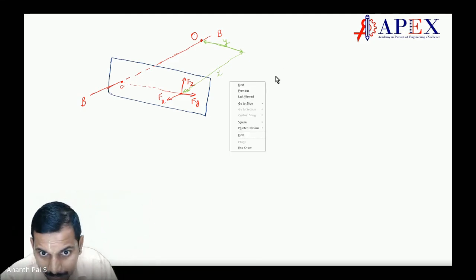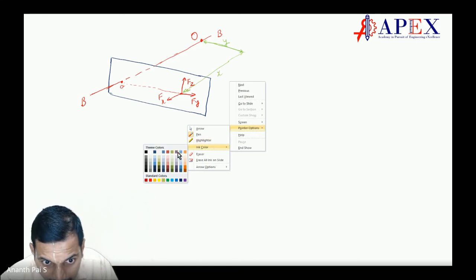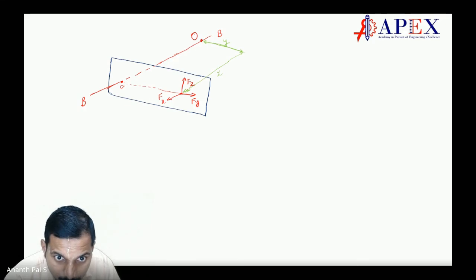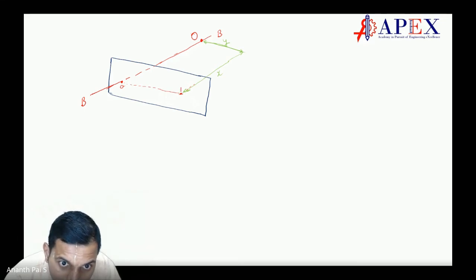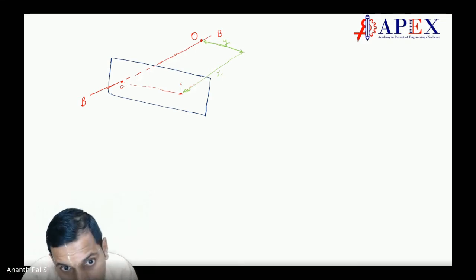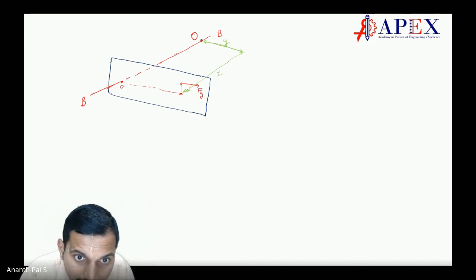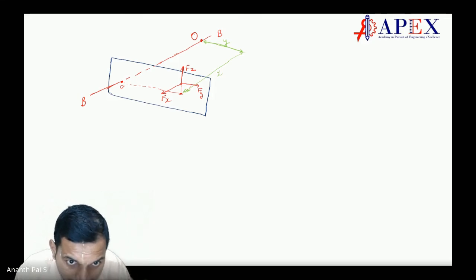Let me rub this off, and let us go a bit higher, just to the top. Here, this is F along y, this is F along z, and this is F along x. Three components of a force which is acting somewhere.